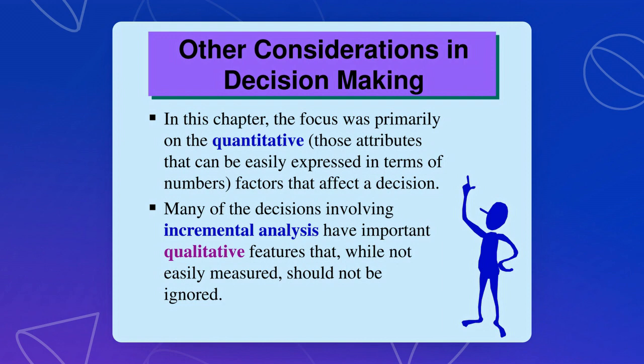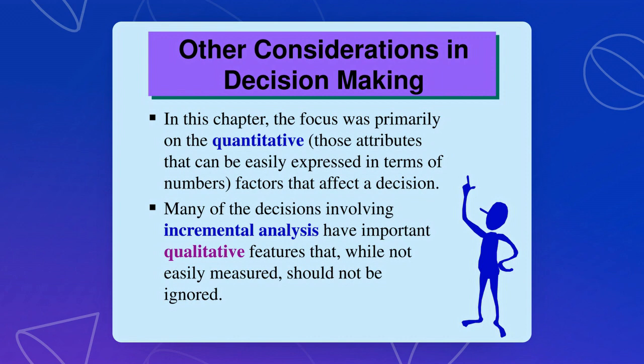So what are the other considerations, class, in decision making? Although it is part of your relevant costing, in this chapter we discussed quantitative and qualitative factors. The focus was primarily on your quantitative factors, which can be easily expressed in terms of numbers or factors that will affect your decision.